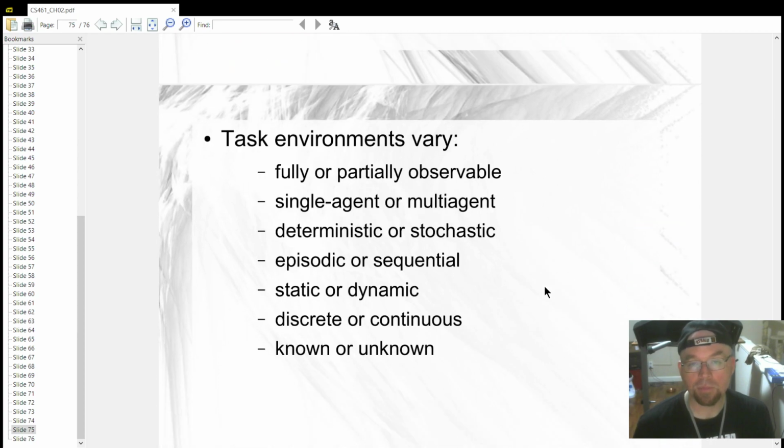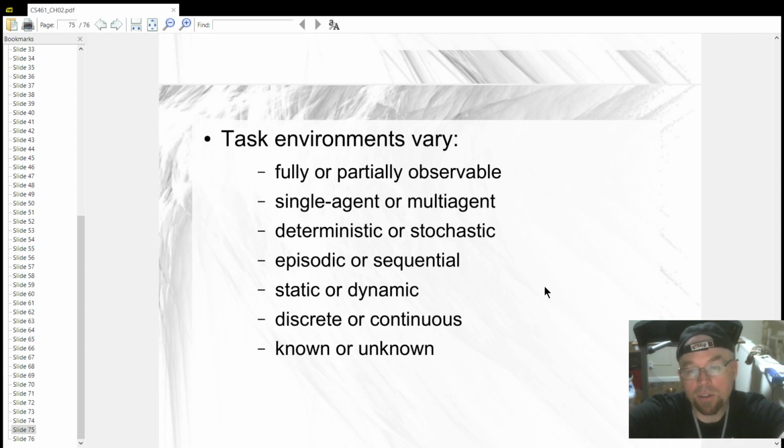So task environments, they vary. The possibilities are infinite. They could be virtual, they could be real. Remember, we went through these different categories. Are they fully or partially observable? Is there one agent, or is there a bunch of agents acting? Is it deterministic, or is there some randomness in there, in other words, is it stochastic?